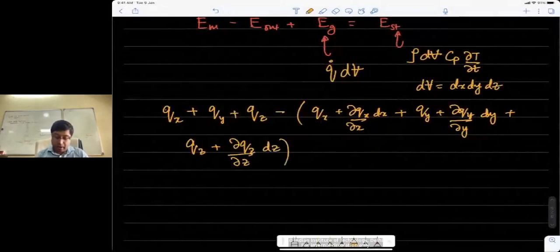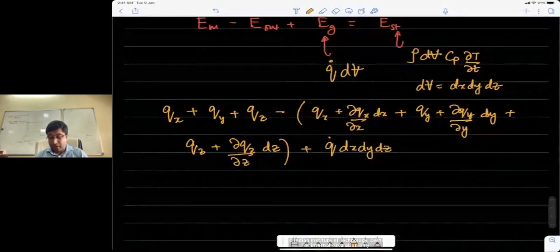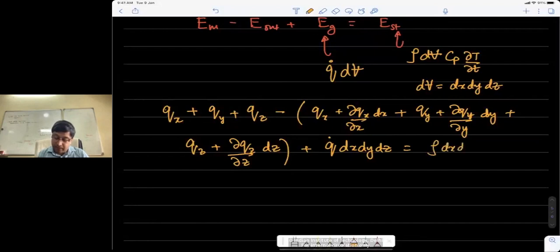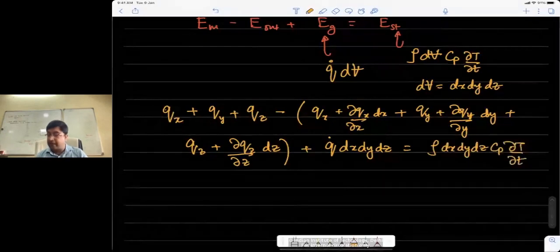That is the amount of energy going out, plus generation, which would be q dot dx dy dz, equals what is being stored, which would be rho dx dy dz cp dT/dt.